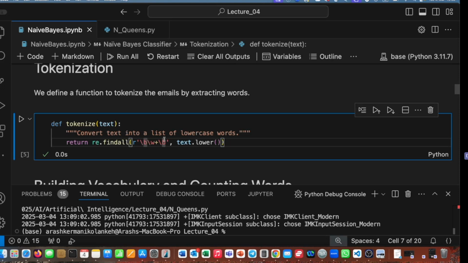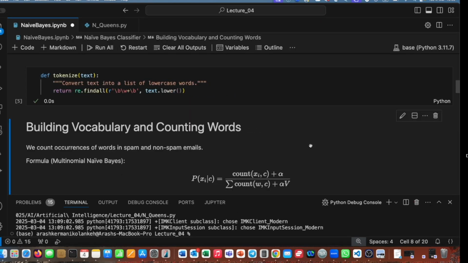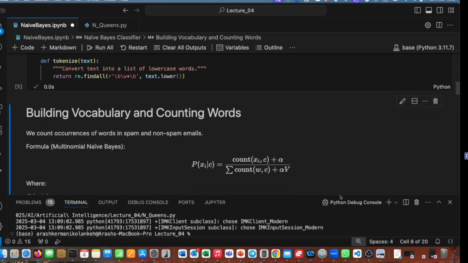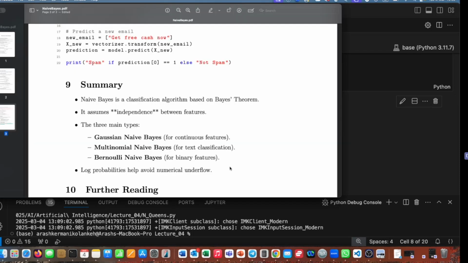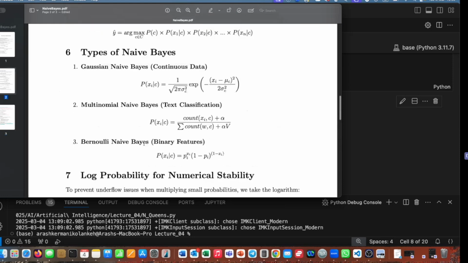So we have this function which receives a text and returns a list in which we have our tokens or words. We will see how it works. So we said that if we have textual data, we would use this formula.